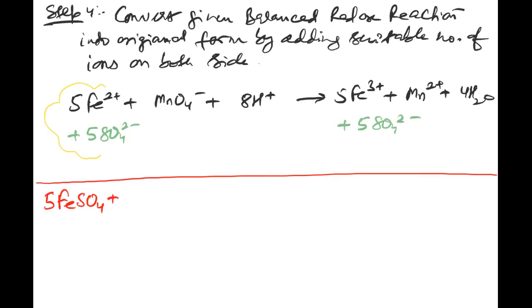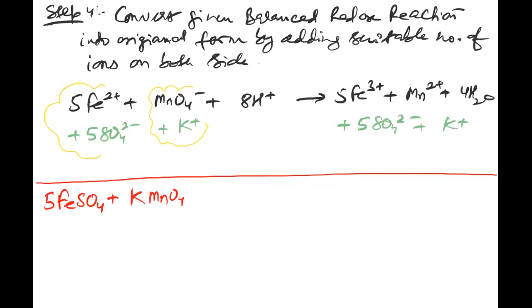On the left-hand side we have permanganate ion, and it has to be written in terms of potassium permanganate. So you have to add 1 K plus on this side and 1 K plus on the other side. So again, this much you can write easily in the form of KMnO4.